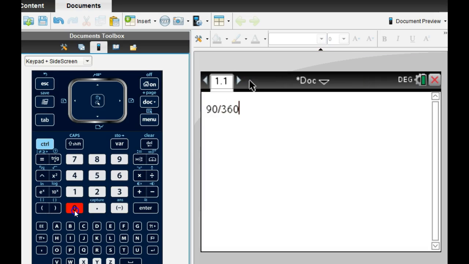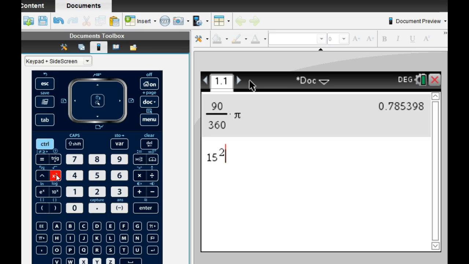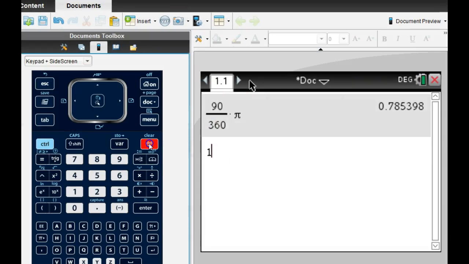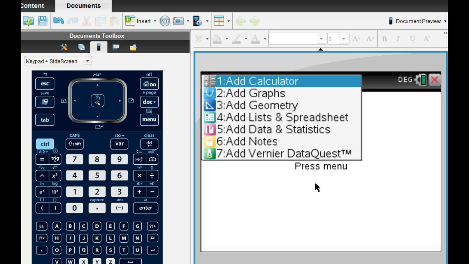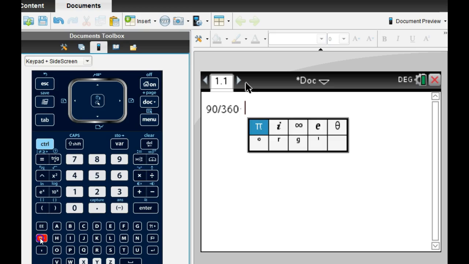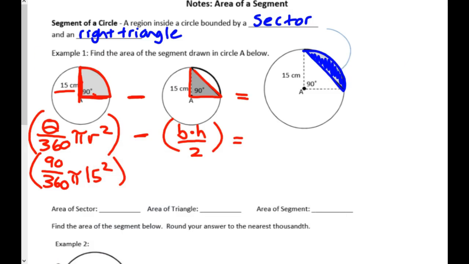Okay, hold on. 90 over 360 times pi times 15 squared. All right, all of that gives me 176.72. Let's write that down. 176.72.